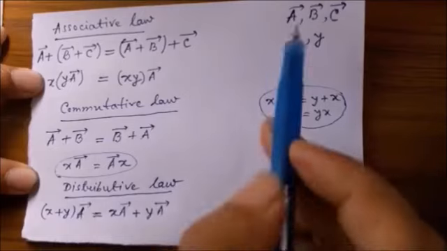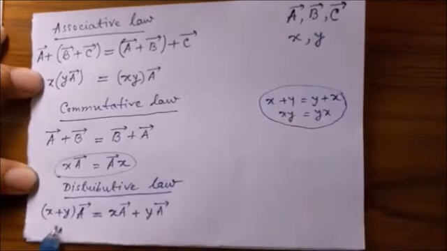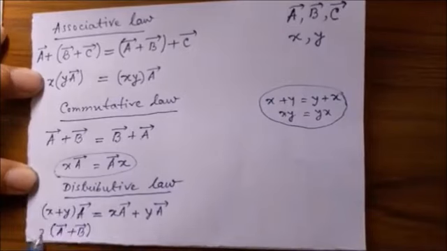Or we may combine A and B, and therefore we have A plus B, and then we can multiply this sum with x, x being a scalar.